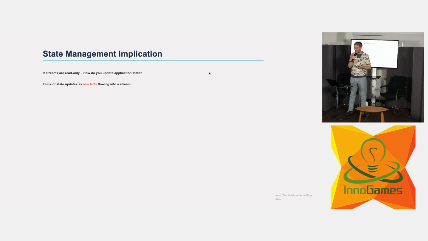But it has a state management implication. So if streams are read-only, then how do you change your state, right? You can't just flip the variables back and forth. You have to think of state updates as new facts, as new water that needs to flow in your system. And the only way we can do it is at the top of your water pipe system, of your network.